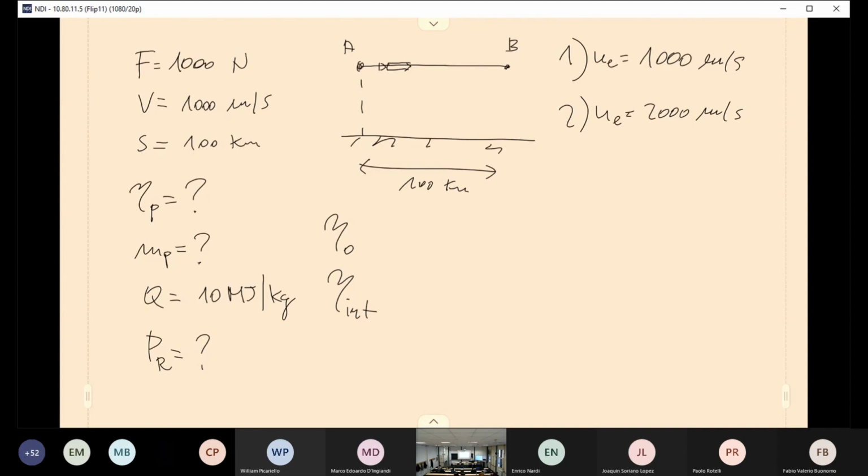Who is so brave to give this answer? In the first case, propulsive efficiency is 1. The exhaust speed is equal to the flight speed. And what will be the residual power of the jet in this case? 0.